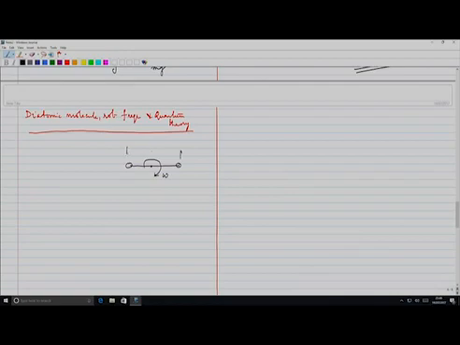This distance is x, the separation of the atoms, the atomic separation between the atoms.